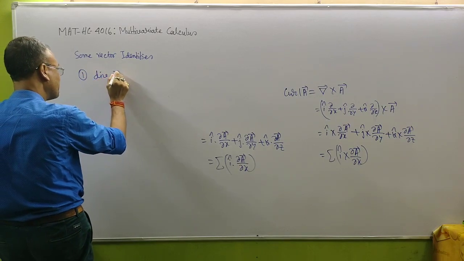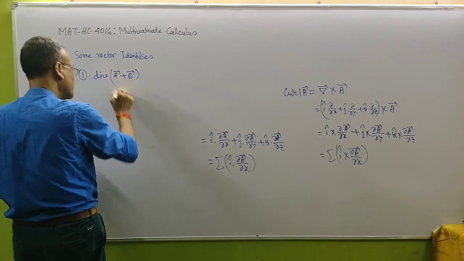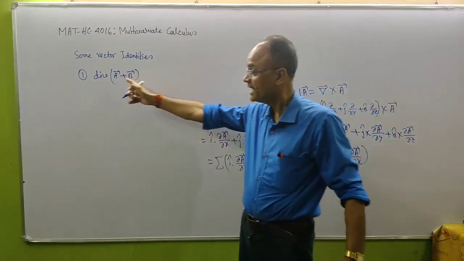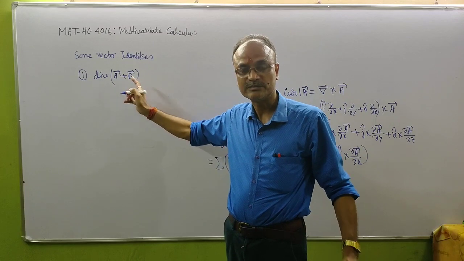Number 1, divergence of A plus B. A and B are two vectors.